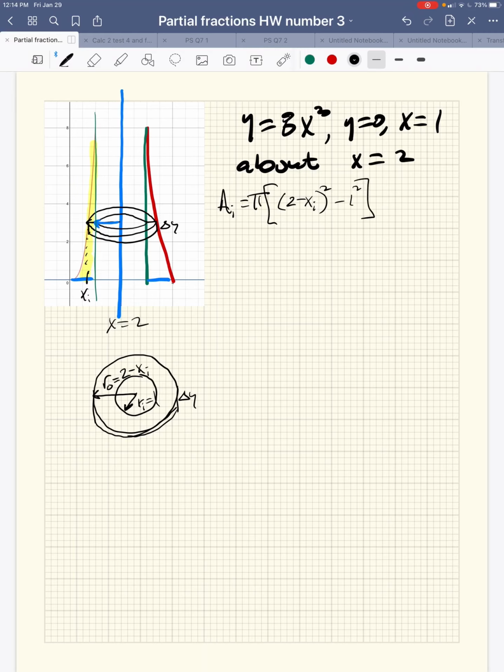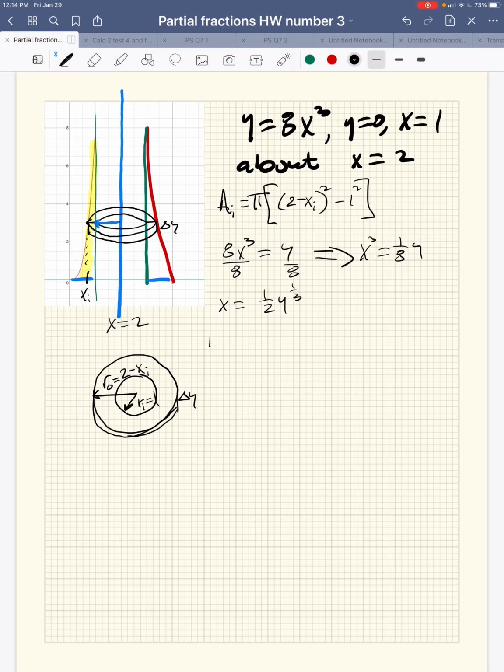Okay, but we don't want x, we want y. So what we're going to need to do is solve for x in the equation y equals 8x cubed. So if we do that, 8x cubed equals y, divide both sides by 8, and we would have x cubed equals 1/8 y, and then take the cube root of both sides, and we would wind up with x equals 1/2 y to the 1/3.